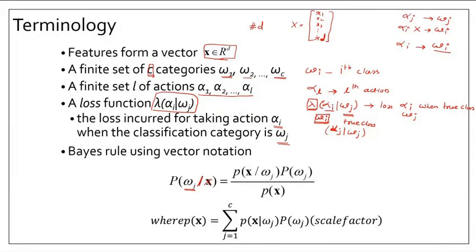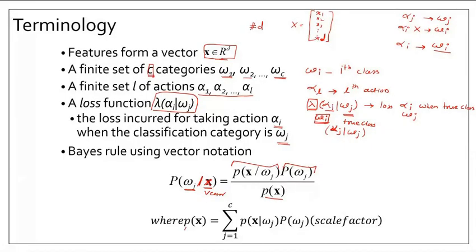Remember, x is now a vector, not a number. This equals probability of x given omega j times probability of omega j, divided by probability of x. So this is the evidence, this is the likelihood, and this is the prior knowledge.